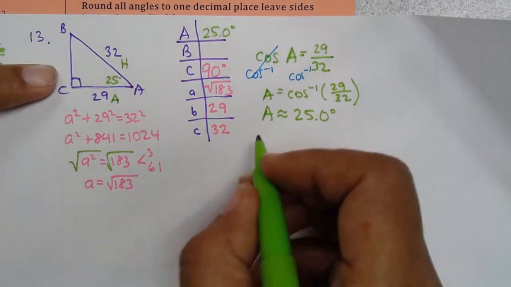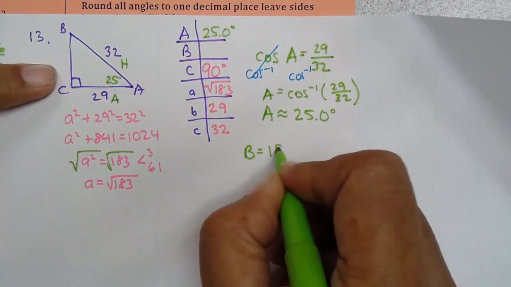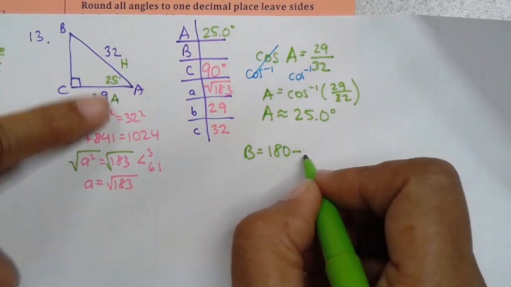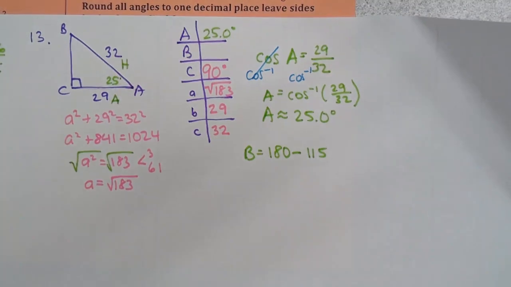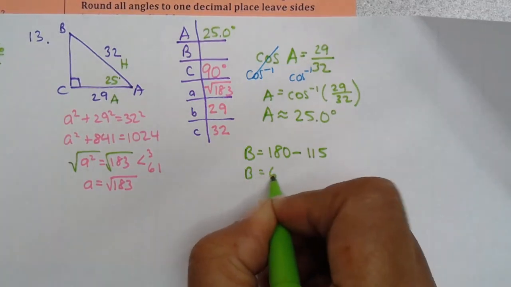So to find angle B, I'm just going to take 180 and subtract 90 and 25, which is 115. And 180 minus 115 gets you a total of 65 degrees. So angle B equals 65 degrees.